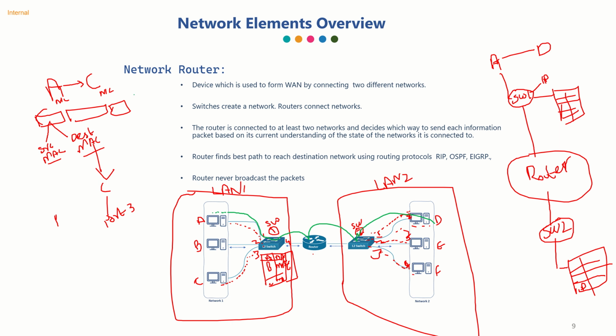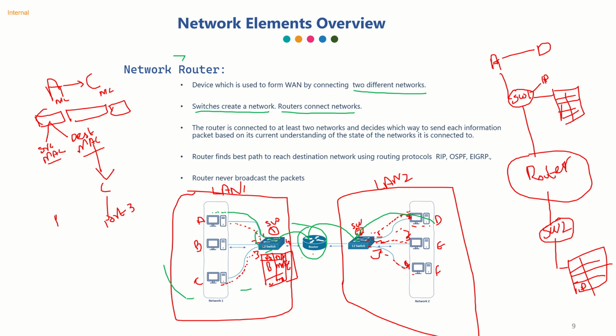The router functionality is to connect different networks. Switches create the network. For example, if you connect a switch, you're creating your own network. If you connect a switch, you are connecting your LAN 2. So switches create a network. A router helps to connect the networks, see? And a router is connected to at least two different networks.